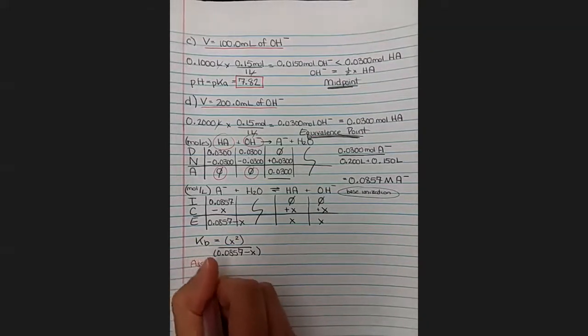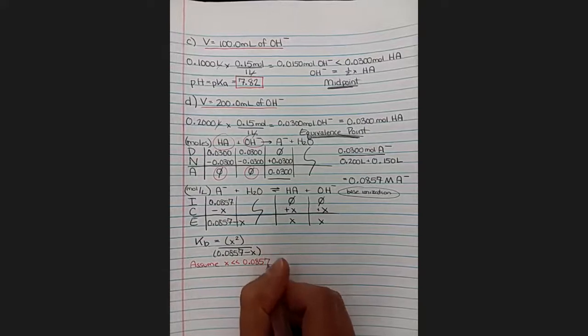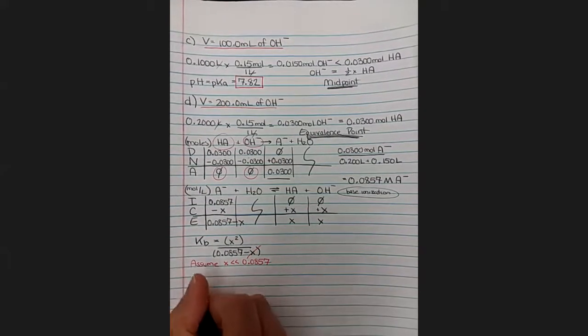And we're going to assume x is small, because that's what we do when we're trying to save ourselves some work in a super long problem. So we'll assume x is small, leave out that term. Kb equals x squared over 0.0857.